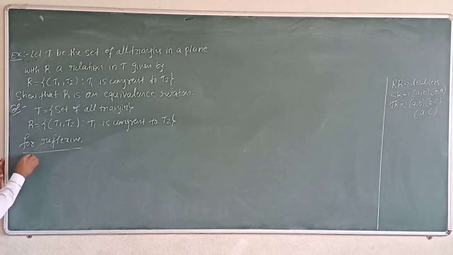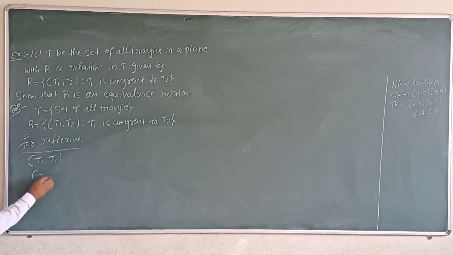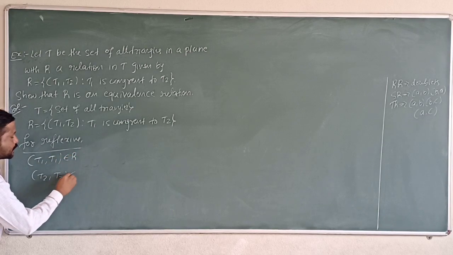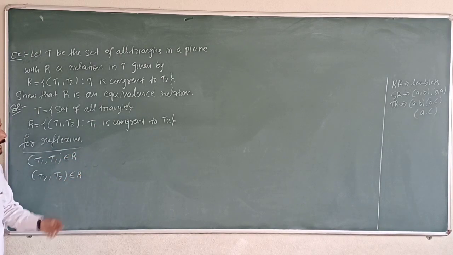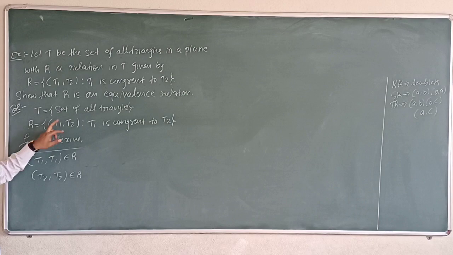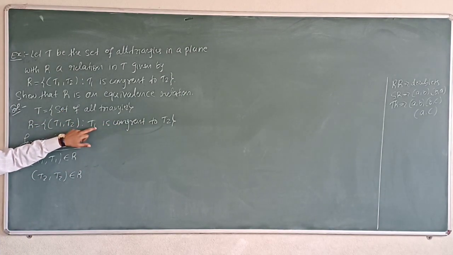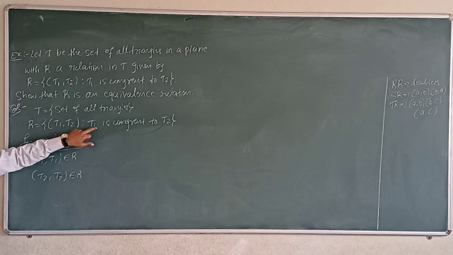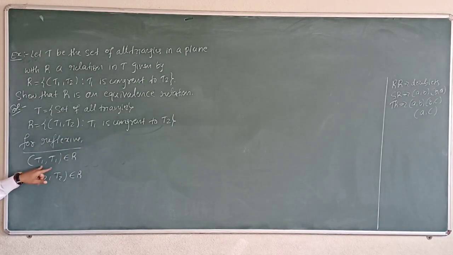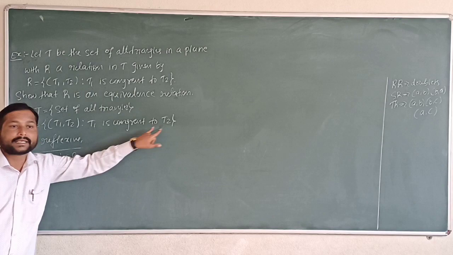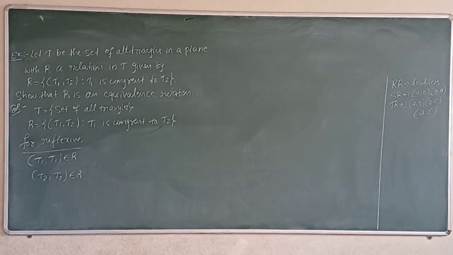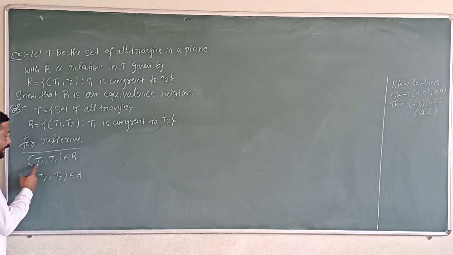Take (T1, T1) and (T2, T2), which belong to R. We have taken two triangles here, T1 and T2. Take the reflexive doublet (T1, T1), next (T2, T2).